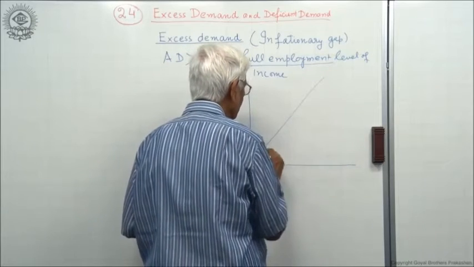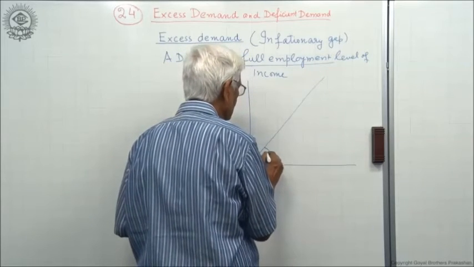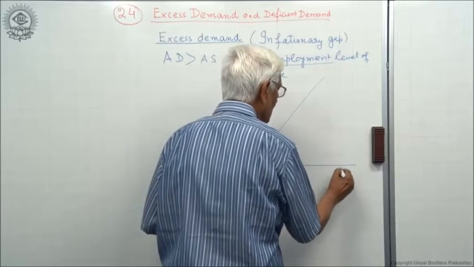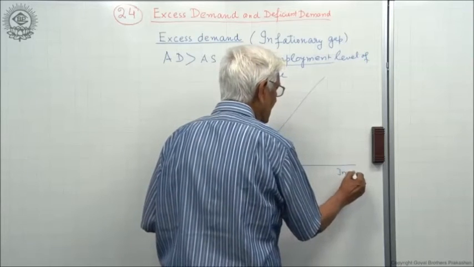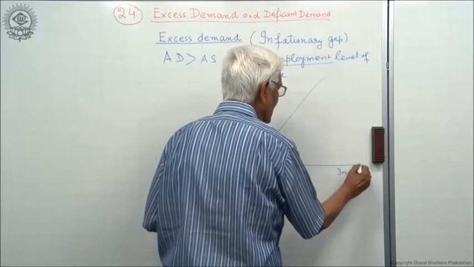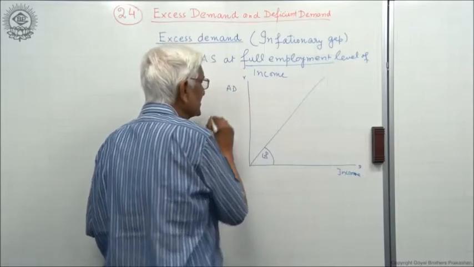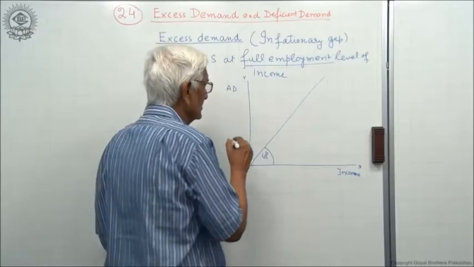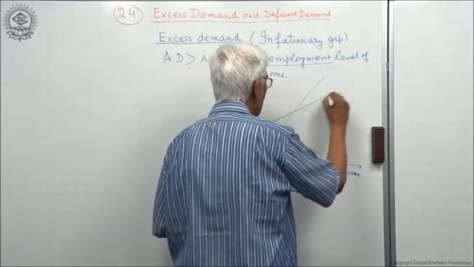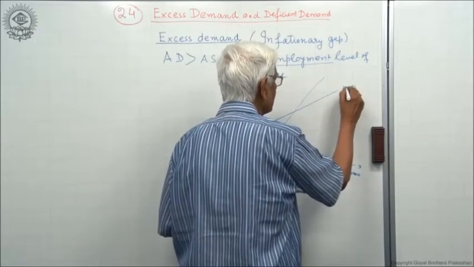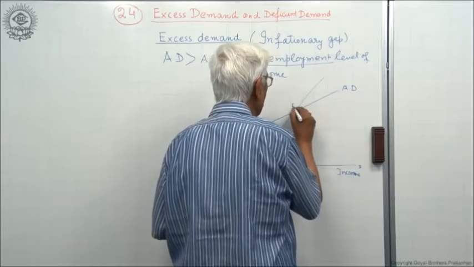45-degree line. Now you must have income on the x-axis and AD on the y-axis. We draw AD curve. This is equilibrium.